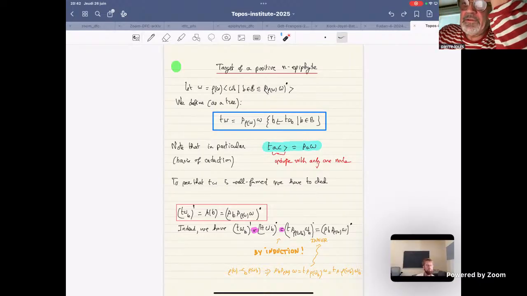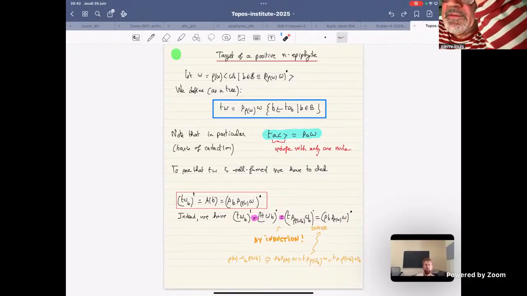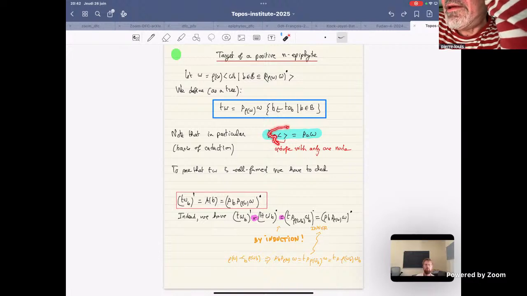Okay, so I will illustrate this in a picture, but let me give you a few pieces of information about this. So first of all, what is the basis of this induction? Well, if the opetope, as a tree, has only one node, so we write this like this, okay?